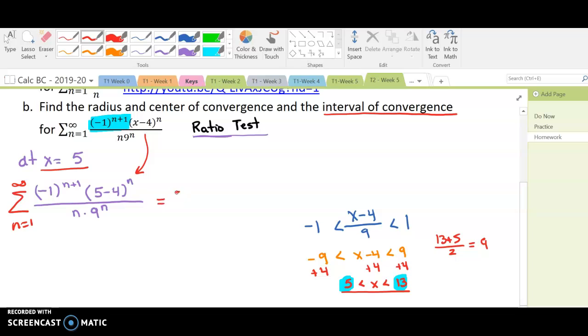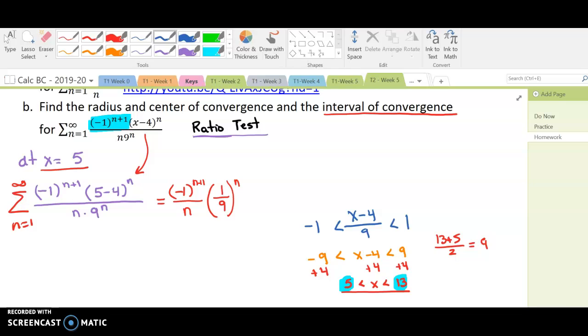So we really have negative 1 to the n plus 1. Well, 5 minus 4 is 1, so I really have 1 over 9 to the n, and then I have an additional n in the denominator.